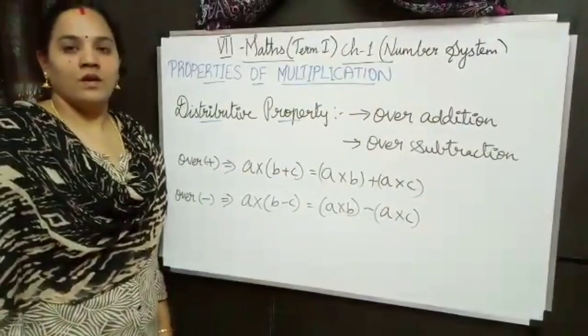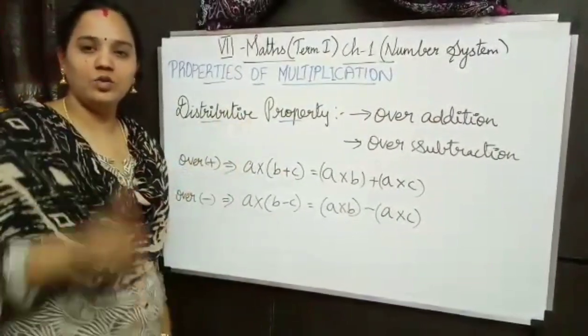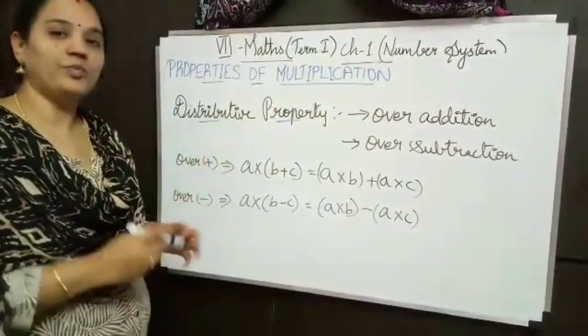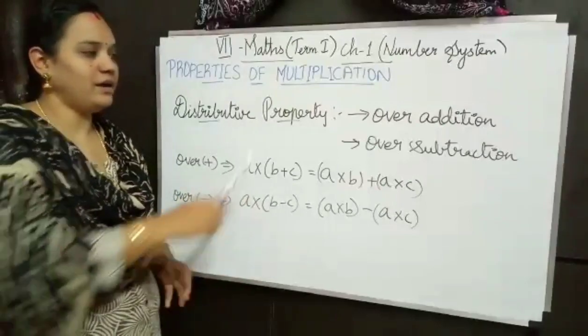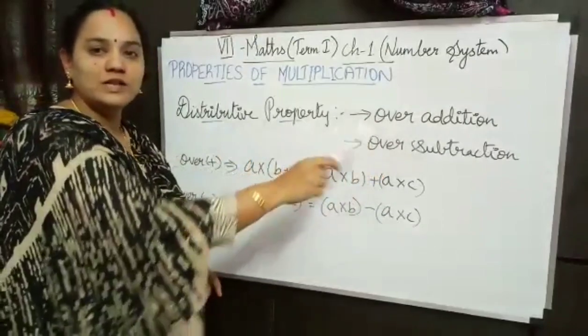Now we are going to see distributive property. Here there are two different types in distributive property. Distributive property only holds for multiplication of integers. Here: distributive property over addition and distributive property over subtraction.